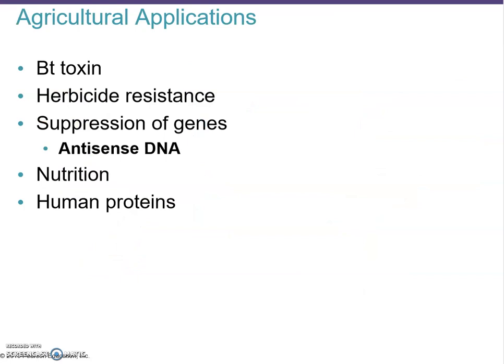Here are some agricultural applications where Agrobacterium and the modified Ti plasmid have been used. Very popular is the Bt toxin, then herbicide resistance, usually Roundup resistance, and then suppression of genes, like antisense DNA usage, or modifications for nutritional purposes to make something more nutritious. That's actually true.